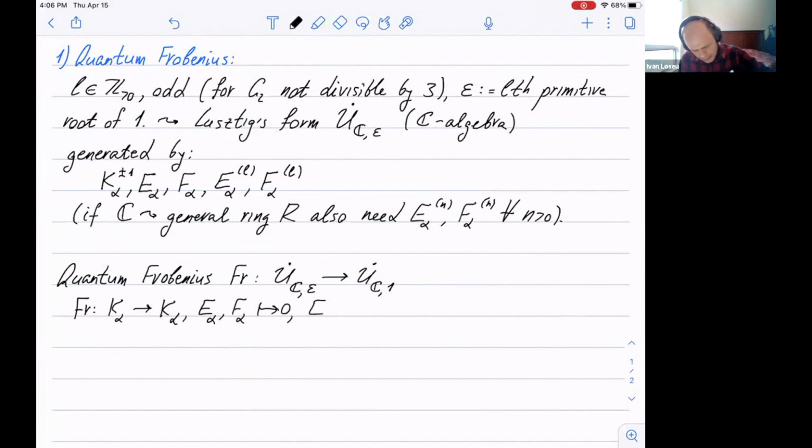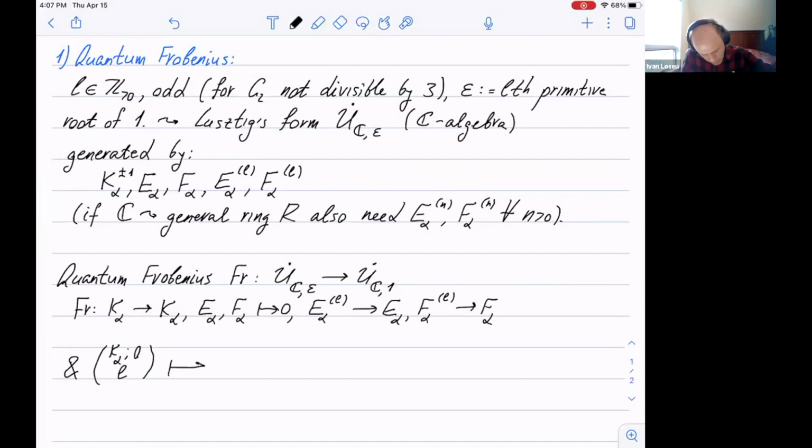It sends E alpha to divided power l to E alpha. And it sends F alpha to divided power l to F alpha. And then also there is an important element, which is not a generator, which is K alpha, 0 choose l. So this goes to K alpha, 0 choose 1. Okay. So that's an epimorphism of algebras, and this was checked by Lusztig.